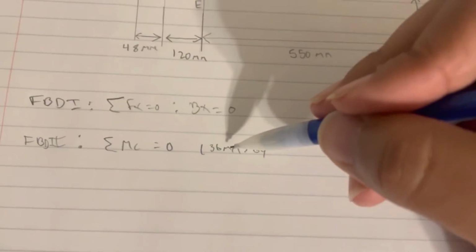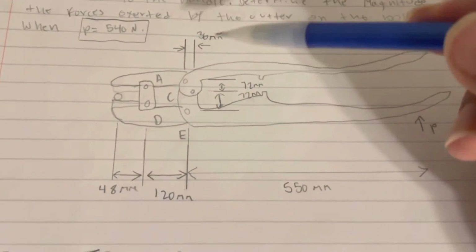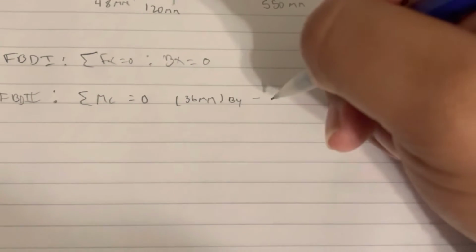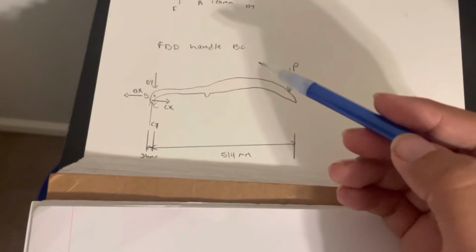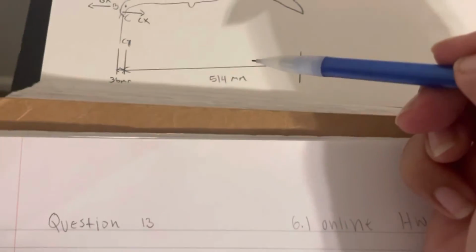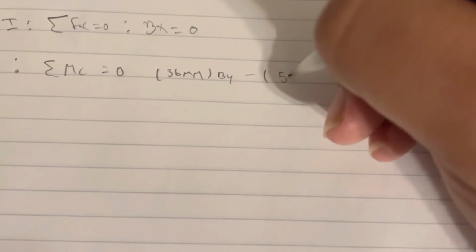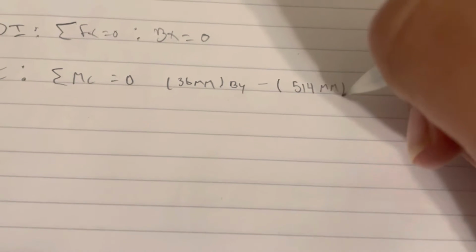So I put 36 because we grab it from right here, this part, and then the next number would go right here. This number is going to be from our FBD handle BC, which is our 514 millimeters.